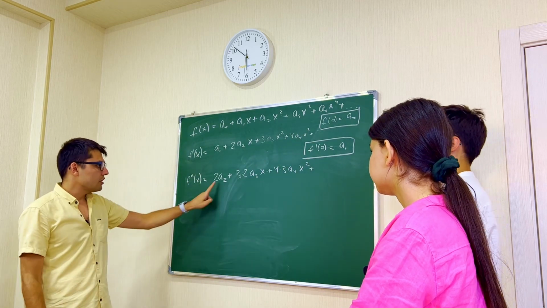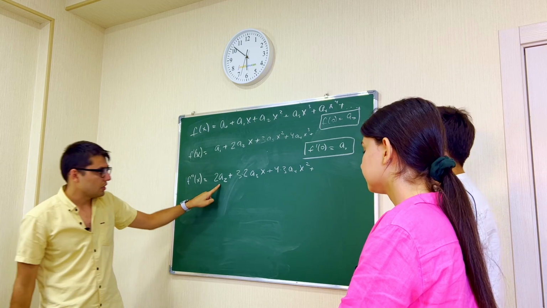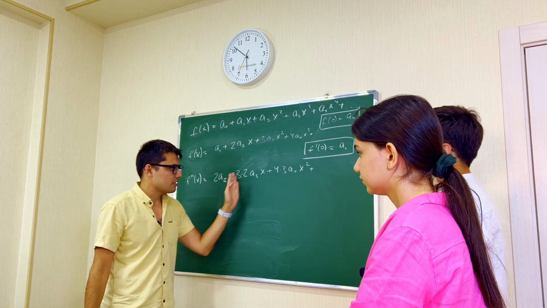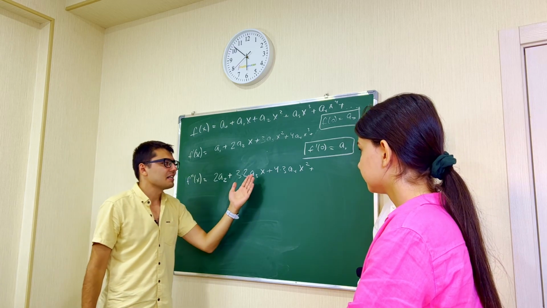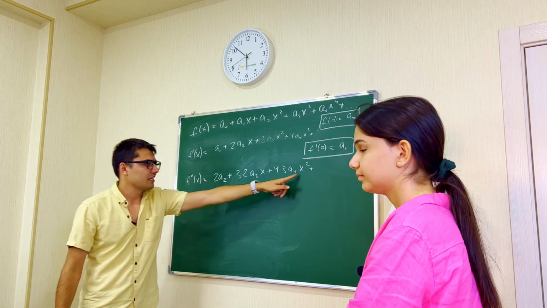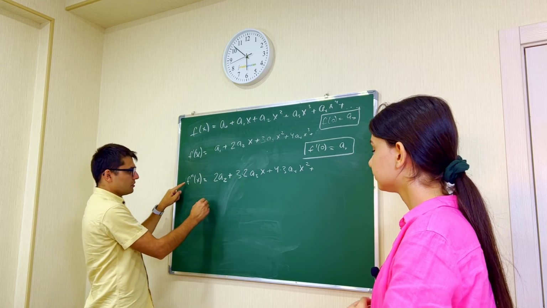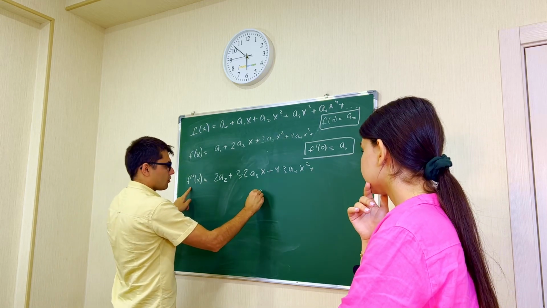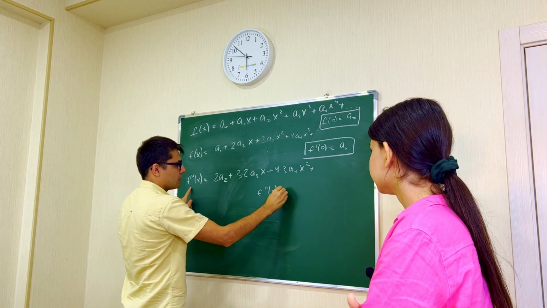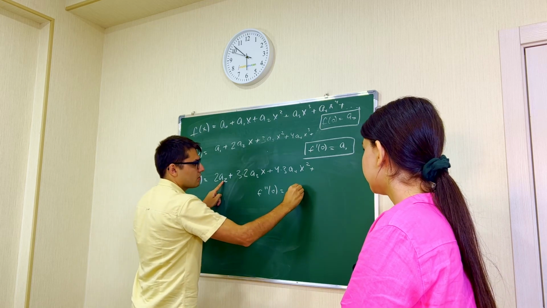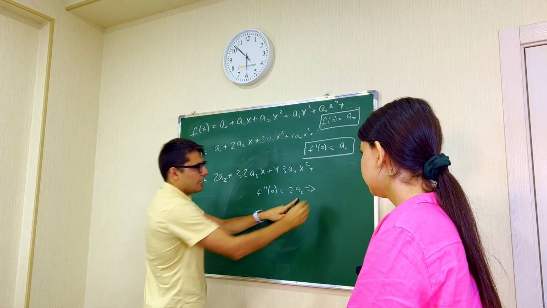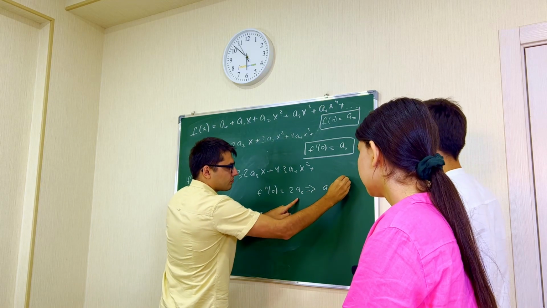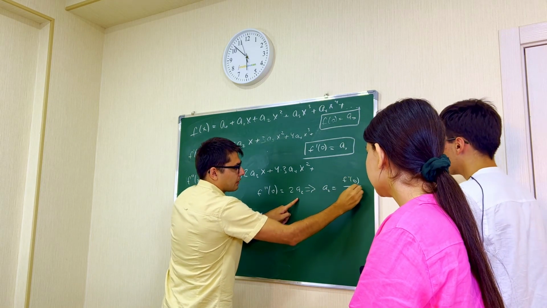So again, we need to find this. In order to find this, we need to get rid of all this stuff, and we can do that by substituting 0 here, here, everywhere. So the second derivative at 0 is 2A2, and that means A2 is the second derivative divided by 2.